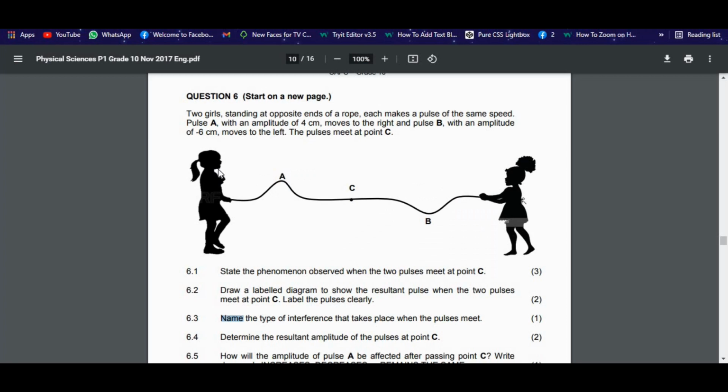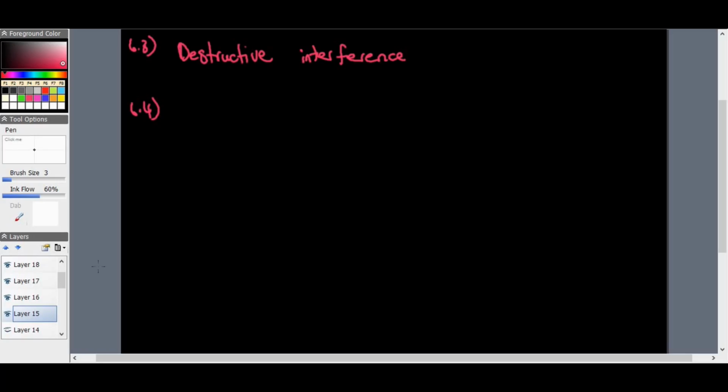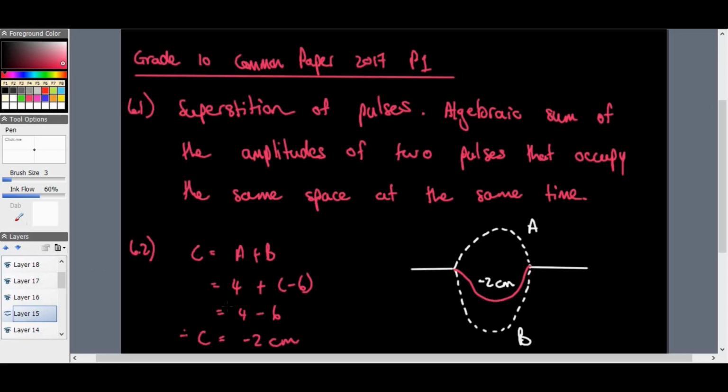6.4, I think, was determine the resultant, didn't we just do that? Oh, yeah. So I think I did 6.4 in 6.2, which was determine the resultant amplitude. My bad. So we'll go back there. This is how we determine it, I'll just put in brackets here, this is 6.4.